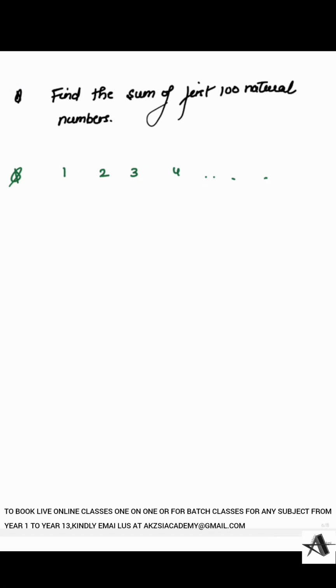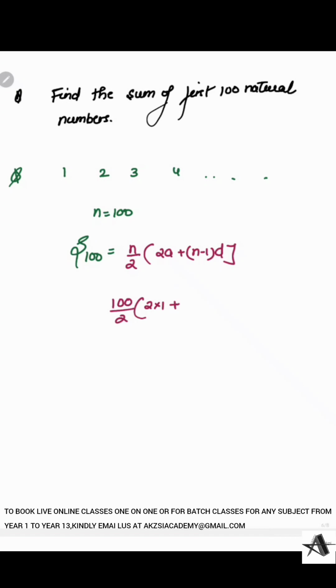And we know what they're asking: the sum of 100 natural numbers. n is 100, and they're asking for the sum. So S100 of an arithmetic series they are talking about. The formula is n by 2 times 2a plus (n minus 1)d. n is 100, so 100 by 2, and the first term is 1, so a is 1, plus (100 minus 1), 99, into common difference, which is 1.